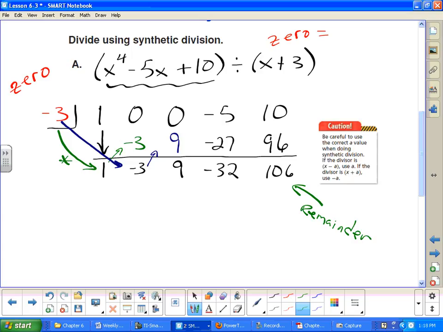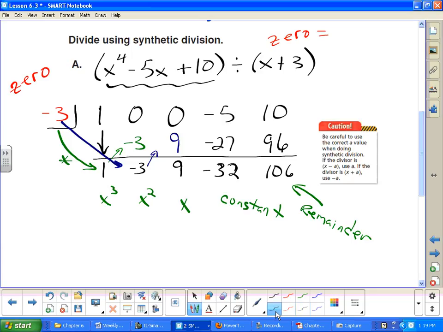So this is my constant, then. Here's x, x squared, and x cubed.